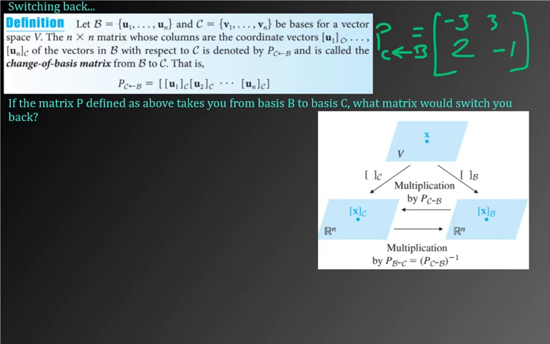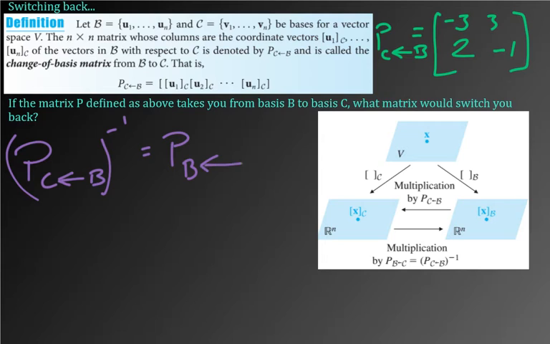And there's a nice other benefit here, because if this matrix sends you from B to C, it's not surprising that the inverse would go backwards. So P that sends B to C, this whole thing inverse, would equal P that sends C to B. And this picture just sums up what we were just saying.